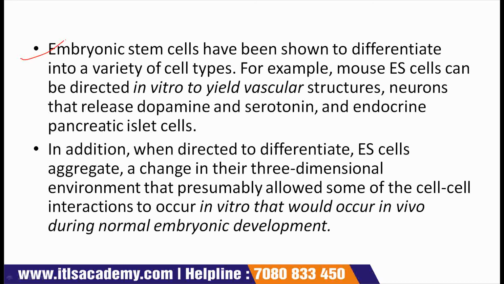Embryonic stem cells have been shown to differentiate into a variety of cell types. For example, mouse embryonic stem cells can be directed in vitro to yield vascular structures, neurons that release dopamine and serotonin, and endocrine pancreatic islet cells.